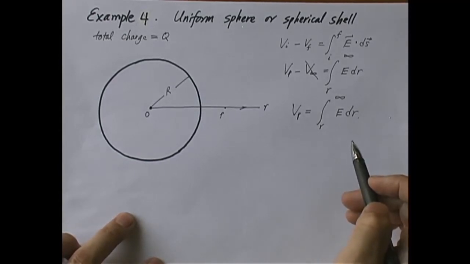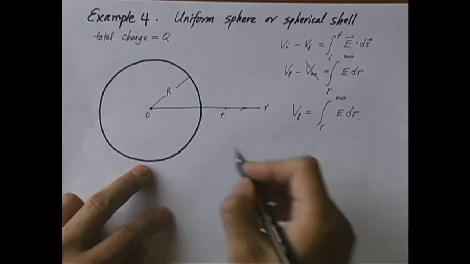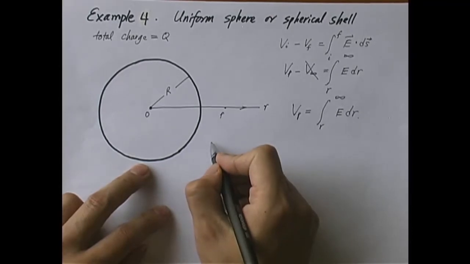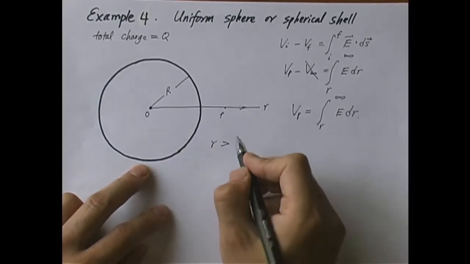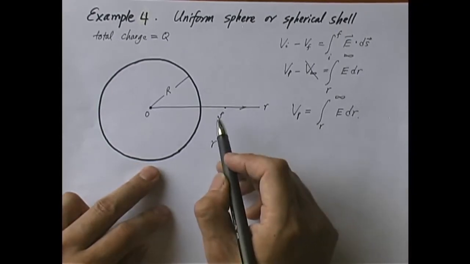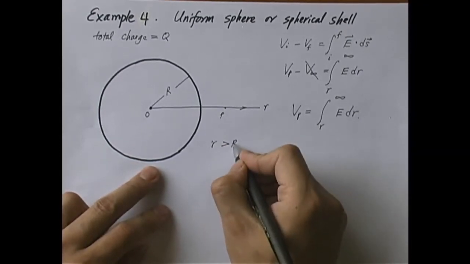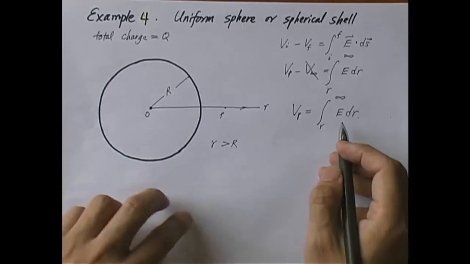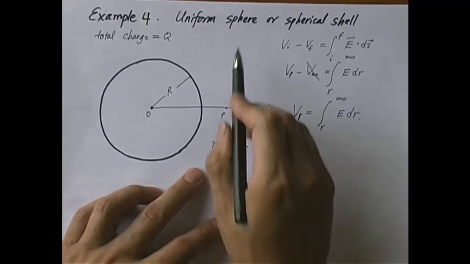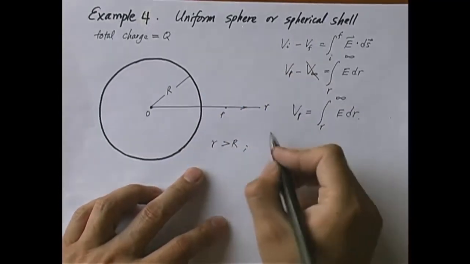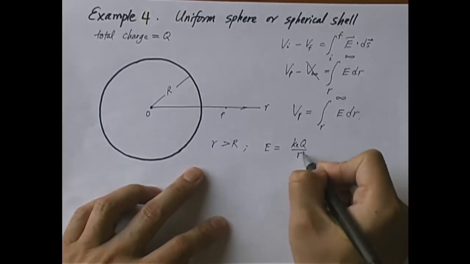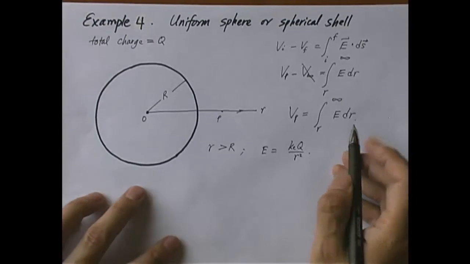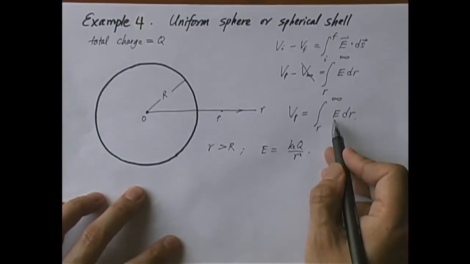So let's consider the case where R is greater than the radius of the sphere. Then it doesn't matter whether it's a uniform sphere or a spherical shell. I find that E is always equal to KQ over R squared. And then we can readily insert this in here and finish this integral.